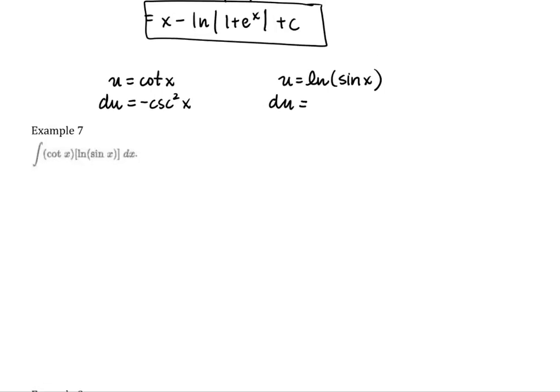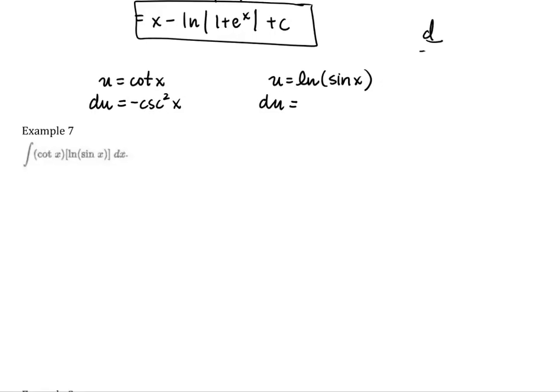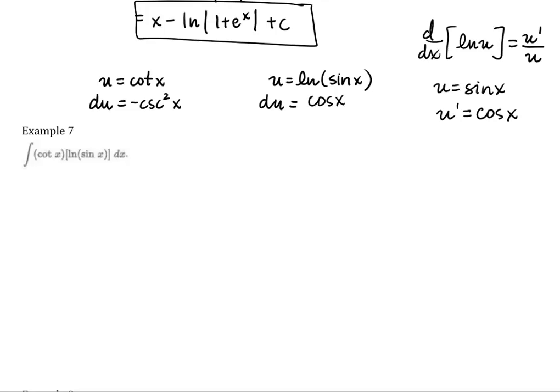The derivative of natural log of u is u prime over u. In this case, u is sine x, and u prime is the derivative of sine, which is cosine x. So cosine x over sine x, that's du over u, and cosine x over sine x is cotangent x.